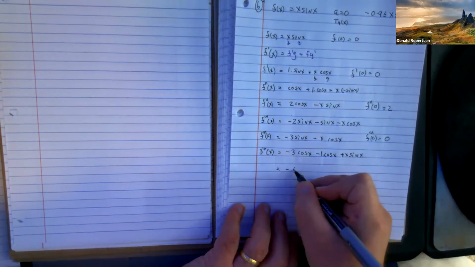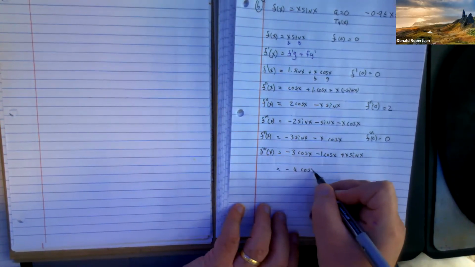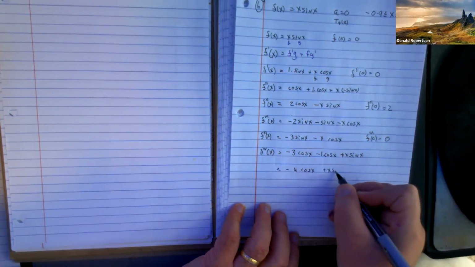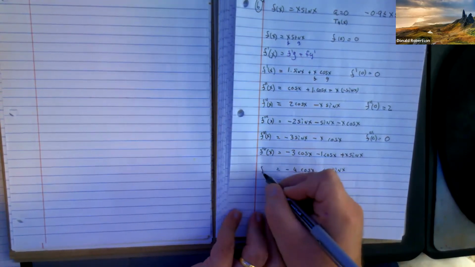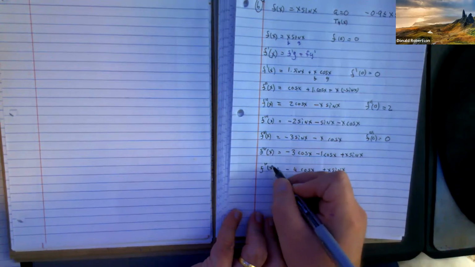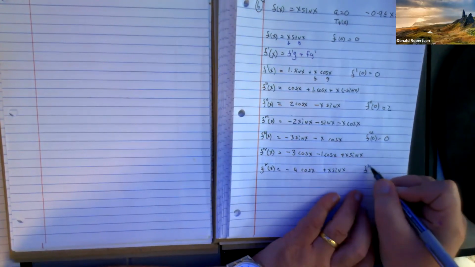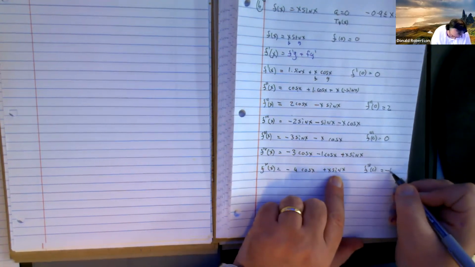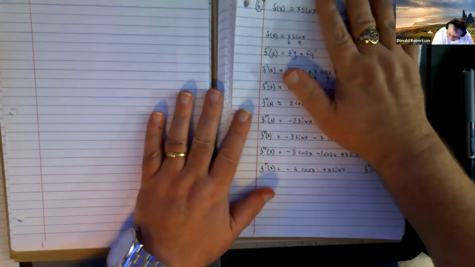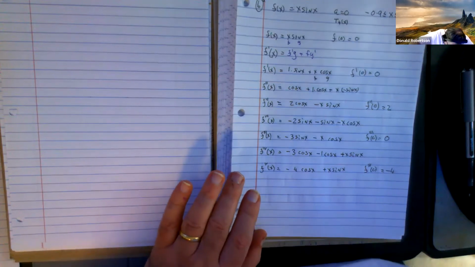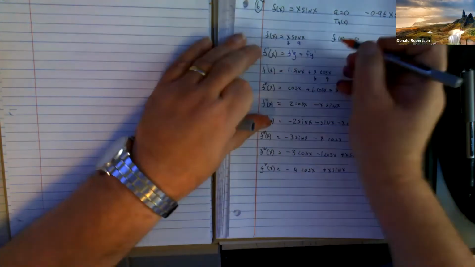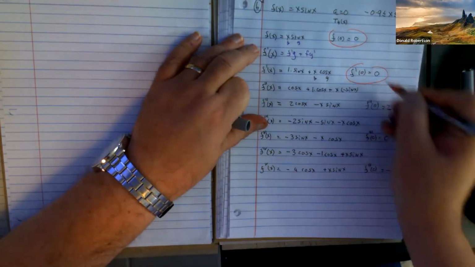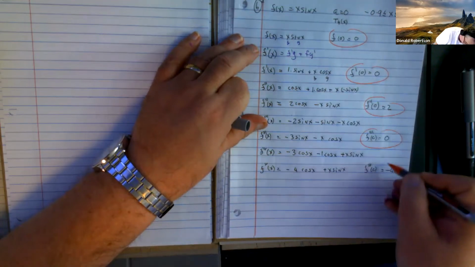So you're going to get negative 4 cosine x's plus an x sine x. And that, evaluated at 0, gets me negative 4. So all the different derivatives have now been calculated. We've got this one, this one, this one, this one, and finally this one.